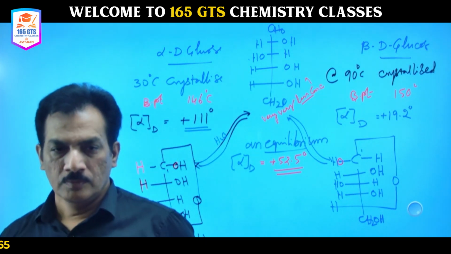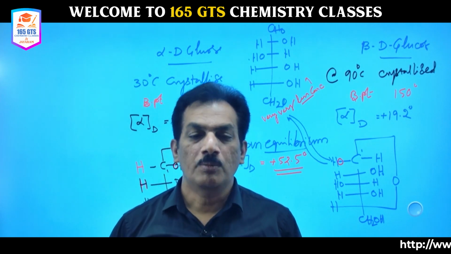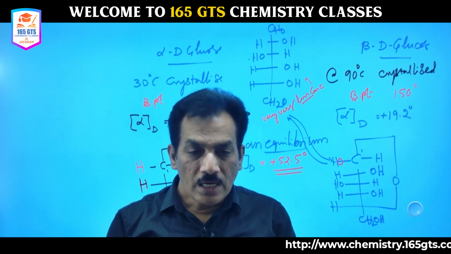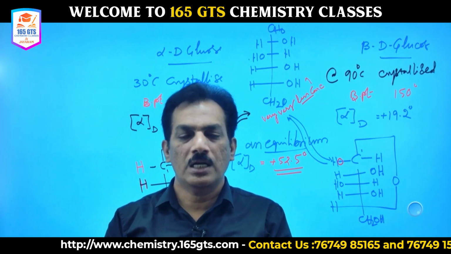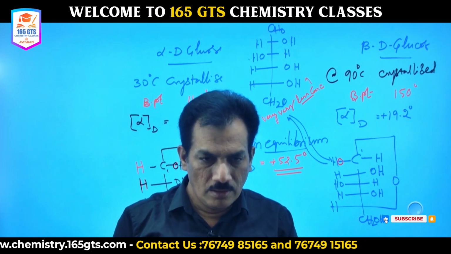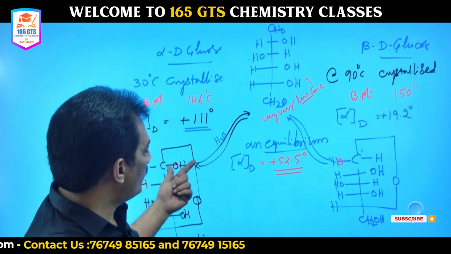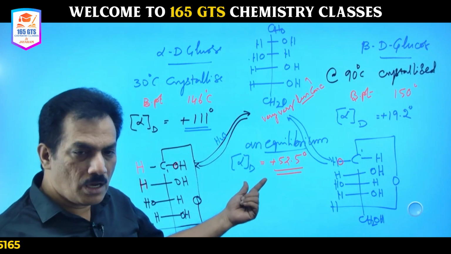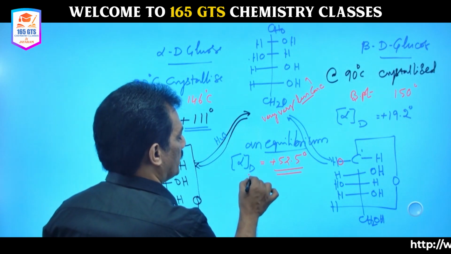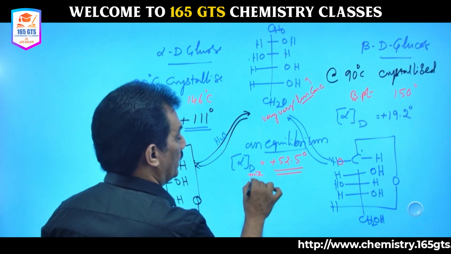And if you remember the equilibrium chapter, for a given reaction which is establishing an equilibrium, the equilibrium state can be reached from either side. Is it not? So when alpha is dissolved, equilibrium is established, and the alpha D mix appears at 52.5 degrees.